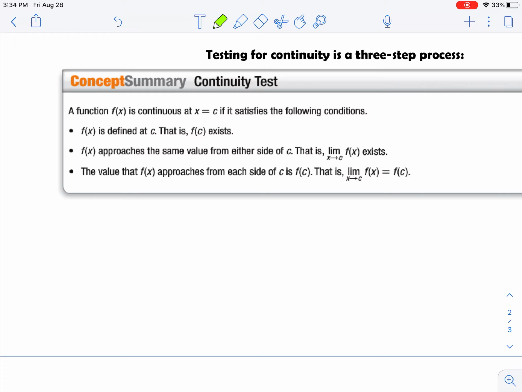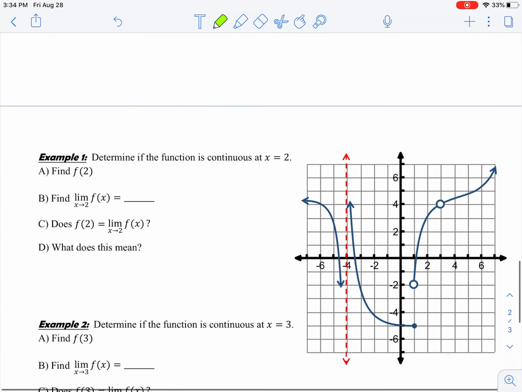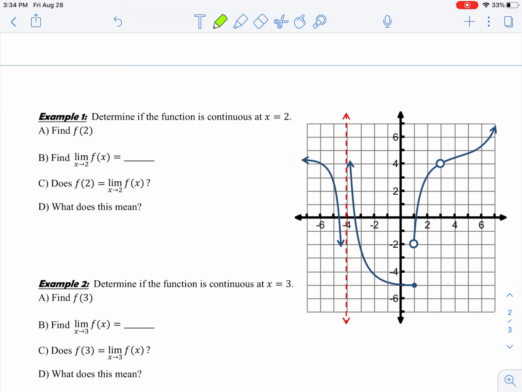So when we're doing our test here, we're finding f of 2, making sure it's not undefined. We're going to find the limit as x approaches 2 and make sure it exists. And then those 2 things have to be the same thing. That means that it would be continuous.